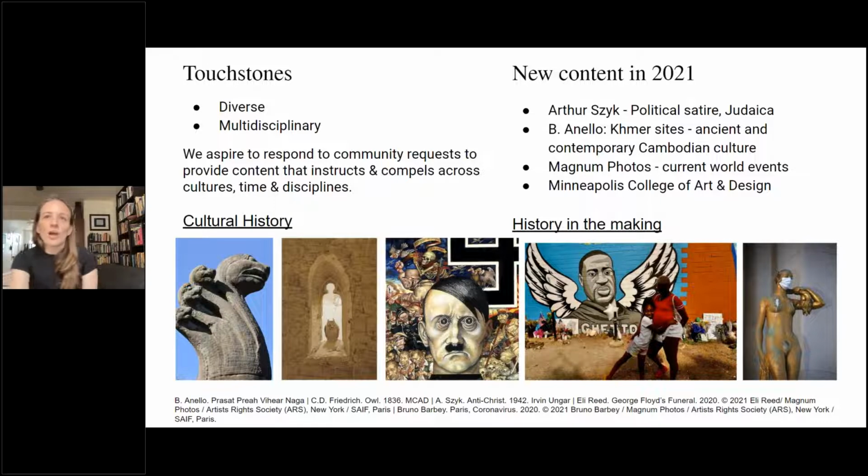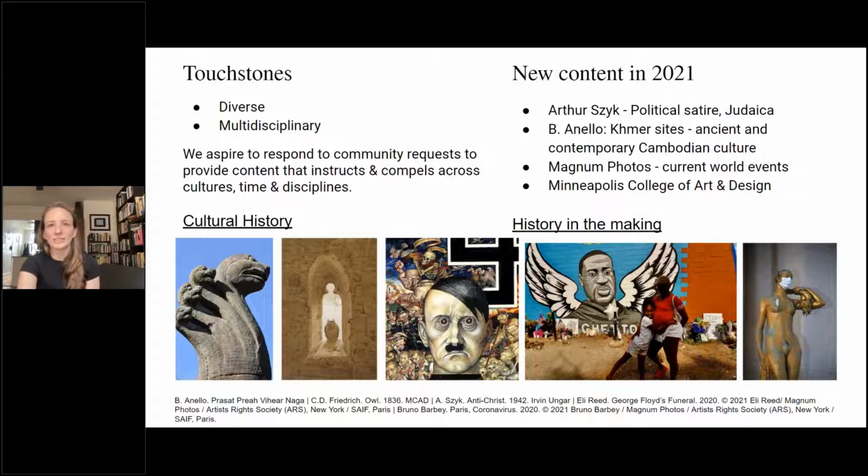We also acquired a number of photographs by Barbara Anello, a photographer whose collections depict Khmer monuments and heritage, as well as the work that Cambodian archaeologists, architects, and heritage preservation professionals are doing to preserve that cultural heritage. In 2021, we also acquired an additional 130,000 photographs from Magnum Photos.